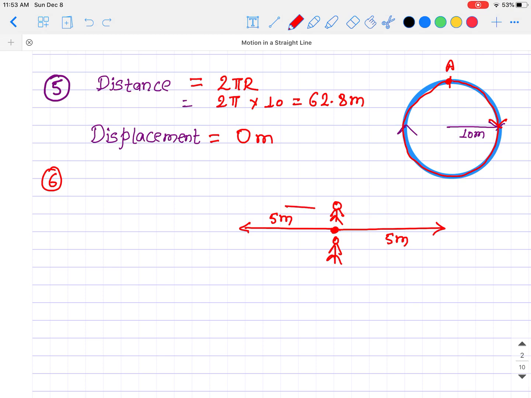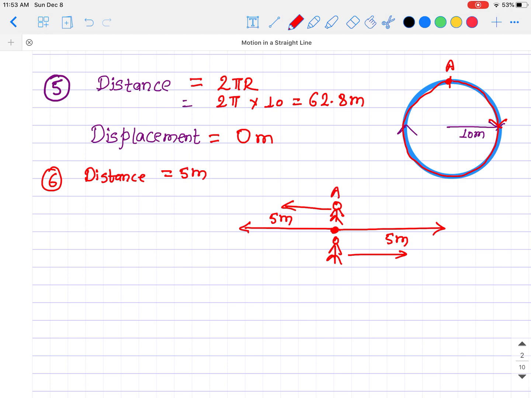So now what is the distance? The actual path traveled by both men is exactly the same, which is 5 meter.